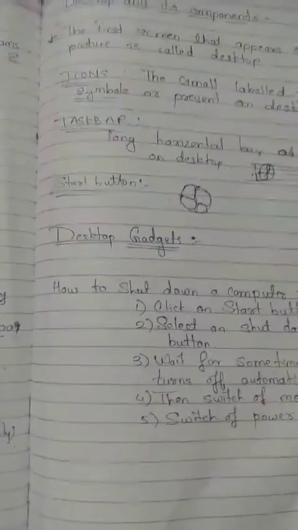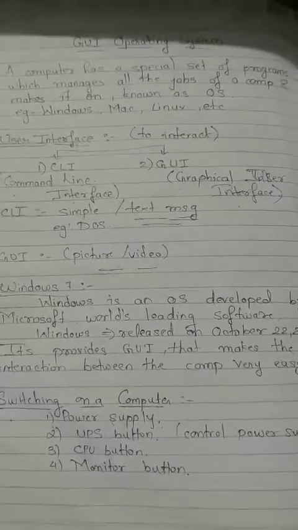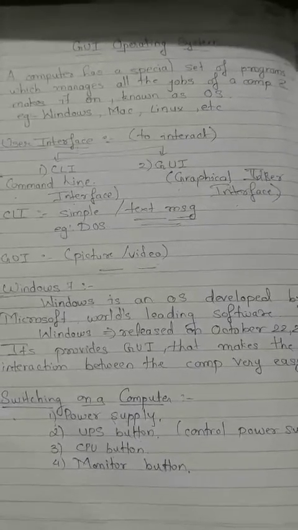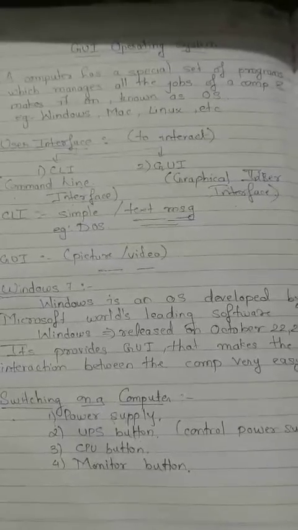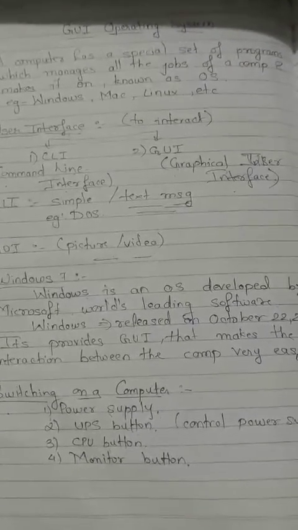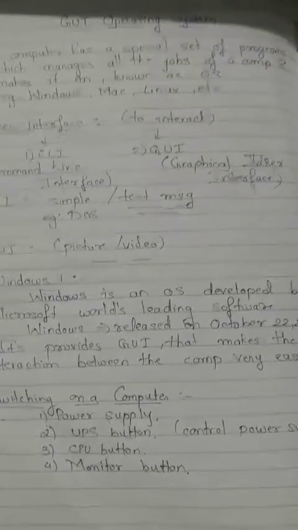In the last video, what you have learned is what is meant by operating system. What is an operating system, by the way? A computer has a special set of programs which manages all the jobs of a computer and makes it run. It's known as an operating system. It operates everything we have in a computer.